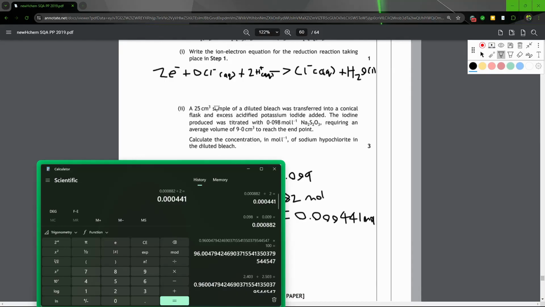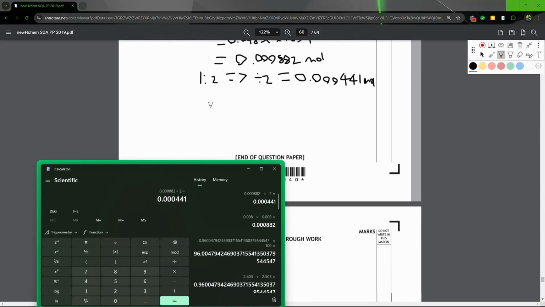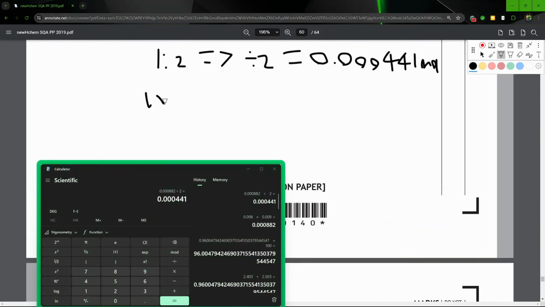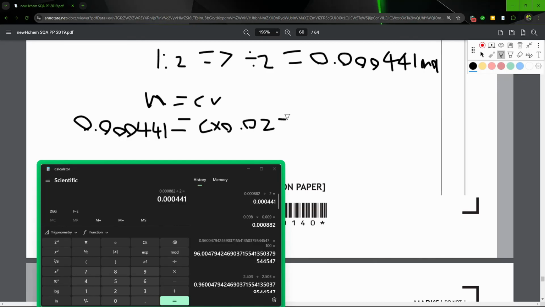And then this would equal the amount of hypochlorite ions. So then it's 25 cubic centimeters, so we just need to go and do the n equals cV thing again. So now we know that it's this many moles. Concentration we don't know, but we know that the volume is 0.025.